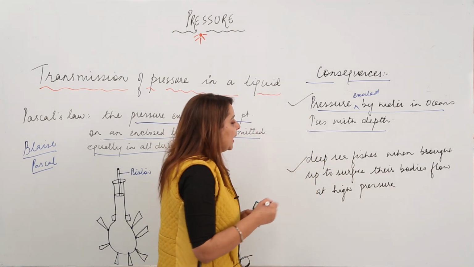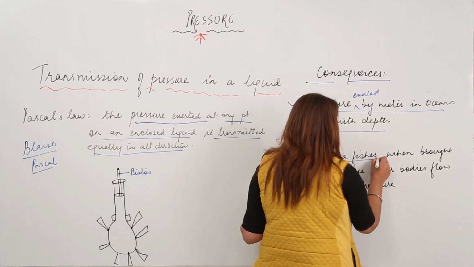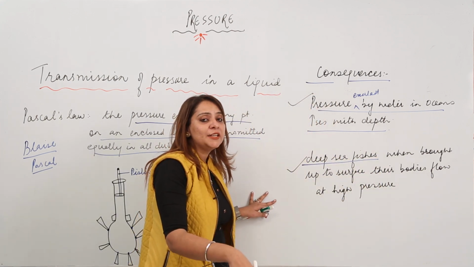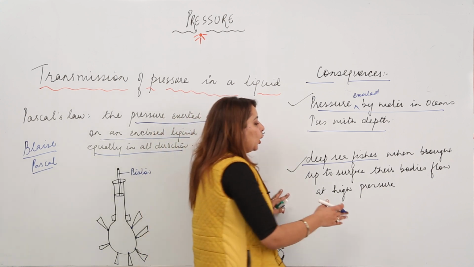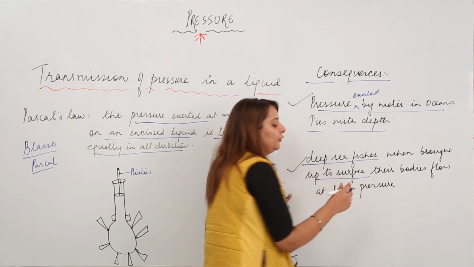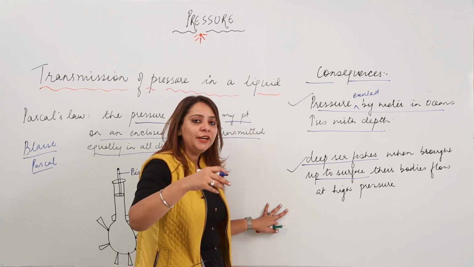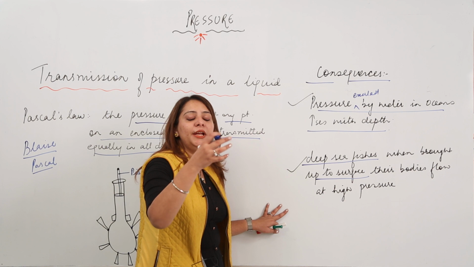Likewise, we know the deep sea fishes dive to much depth. When they are brought up to the surface, that means we are moving a fish from high pressure to low pressure.